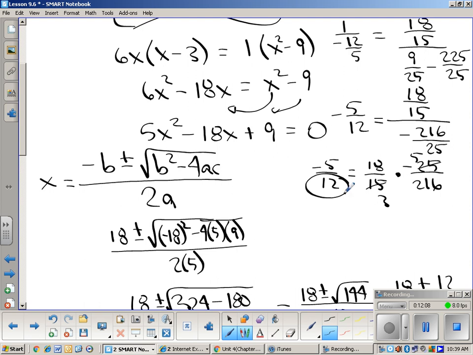If I'm gonna get 12 when I multiply these two on the bottom, then when I cancel this, I gotta get 4, because 3 times 4 is 12. So what goes into 216 4 times? 54. I'm guessing it better be 18, since on top I better get a 5 times 1, right? So check it.